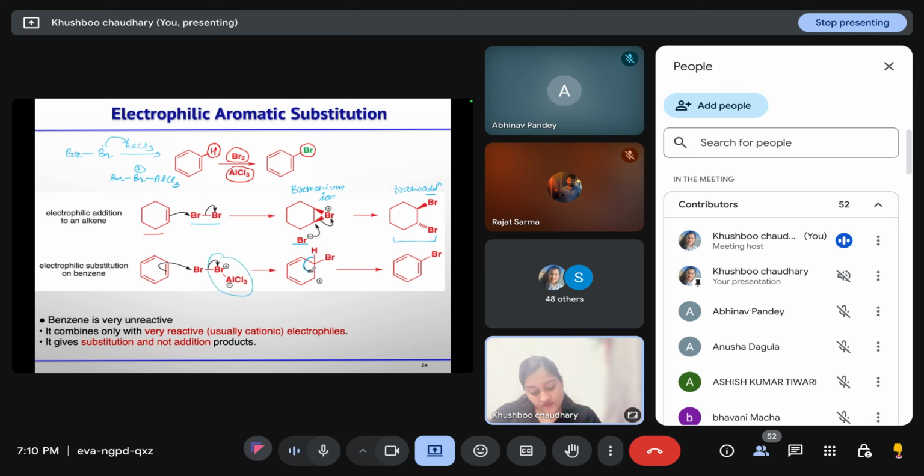After the loss of a proton, aromaticity is regained and substitution happens. So if you treat an alkene with bromine, an addition reaction takes place. If you react benzene with bromine in the presence of a Lewis acid, a substitution reaction takes place. This is important: benzene is unreactive toward addition reactions, but it is reactive toward substitution reactions.